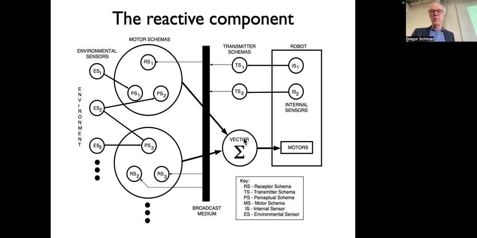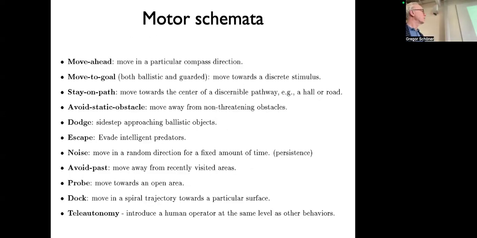Yeah, and to give you a little more concrete sense, here's a list from one of those papers of the kind of schemata. I use schemata here, they say schemas, that they had. Move ahead, so target where you know the coordinates in absolute terms, you have a compass, or move to a goal where you have some other information about path following, avoiding a static obstacle.